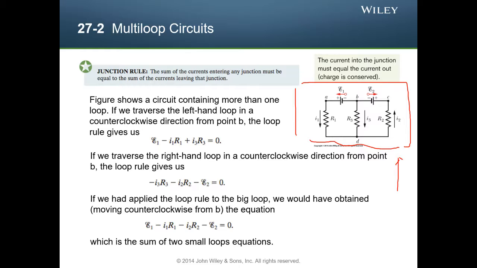So, for example, for the node voltage here, we can calculate it as I1 minus I2 times R3. Something like that.